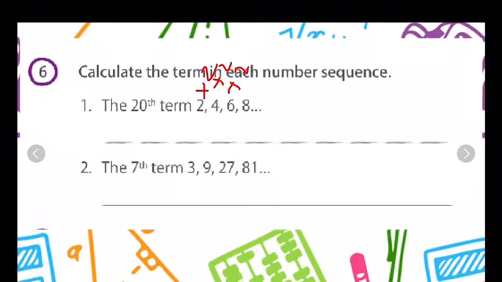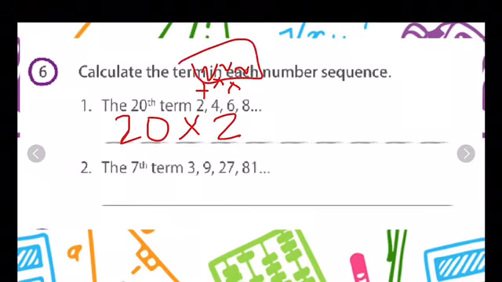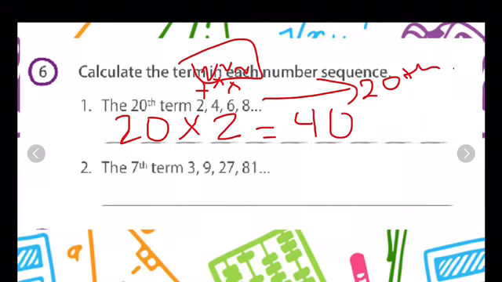So you continue. In this case, try to multiply 20 times 2. Why multiply by 2? Because if you observe, the number that you're using most is 2, and to obtain the 20th term you have to multiply. So 20 times 2 will be 40. Okay, 40 will be the result of this number sequence.